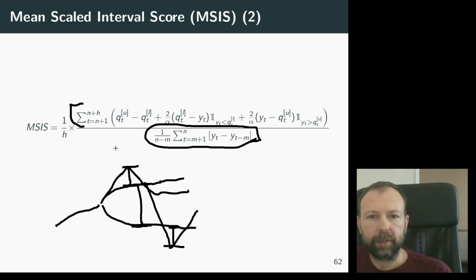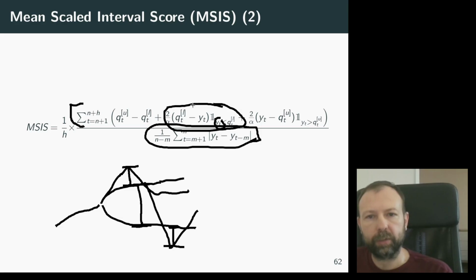Yeah, exactly. So basically, this term here tells you, if you are outside, your actual is smaller than your lower quantile.